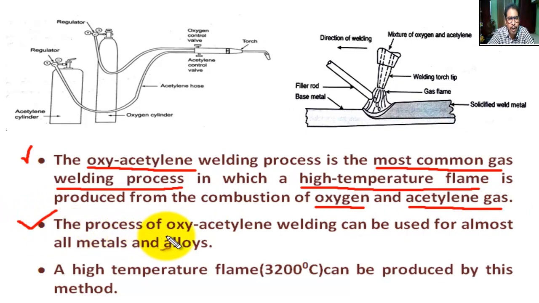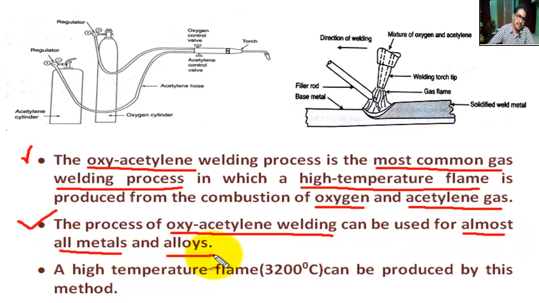The process of oxyacetylene welding can be used for almost all metals and alloys. A high temperature flame of about 3200 degrees centigrade can be produced by this method.